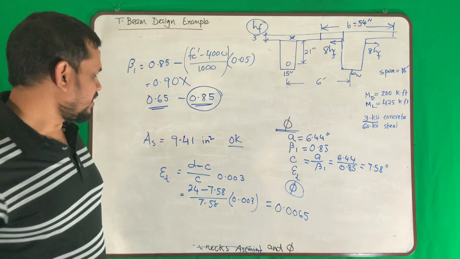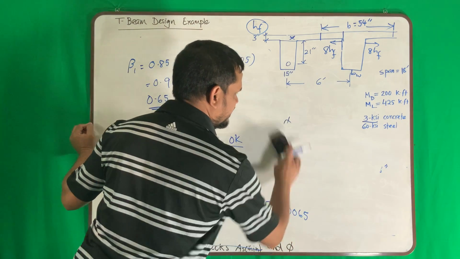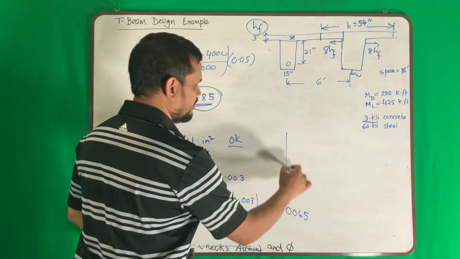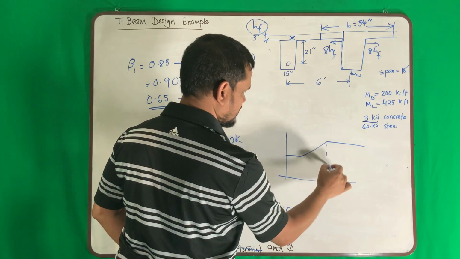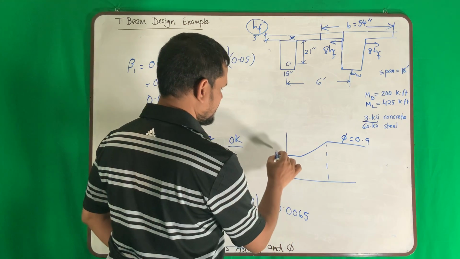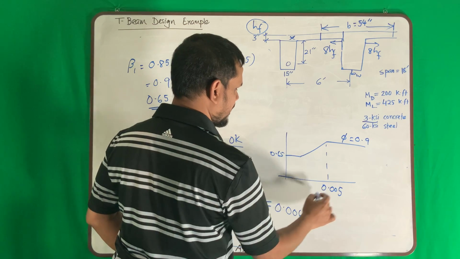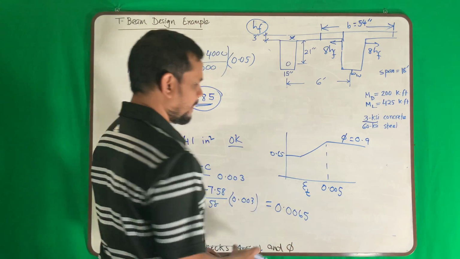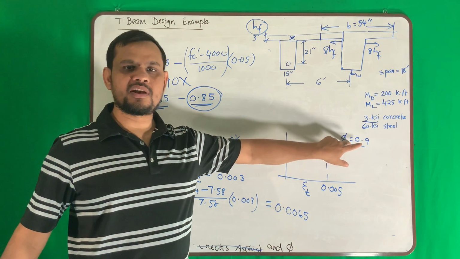If you can remember how to find phi, if you remember this curve, phi is 0.9 here, 0.65 here. This value is 0.005 epsilon t. If epsilon t is greater than 0.005, phi is 0.9.